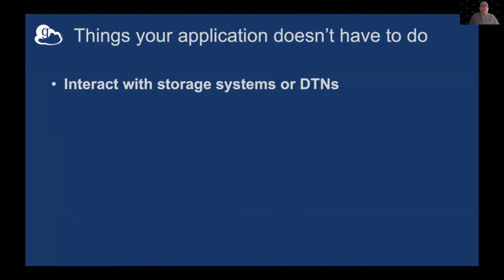So you can think of the Globus service as a remote control. You don't actually touch the storage system or the data transfer nodes or interact directly with them. You interact with Globus, and Globus does the talking to the storage systems and data transfer nodes, and basically sets up a transfer that goes directly from one to the other. In no case does your gateway actually have to talk to the storage system.